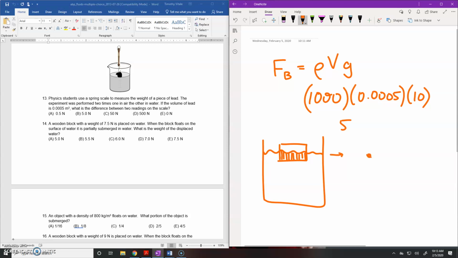The force diagram for this thing is going to be gravity pushing down and buoyancy pushing up. And the buoyancy is equal to the weight of the water displaced. Right? It says, what is the weight of the displaced water? So if this is 7.5, then this must be 7.5 because it's at rest. So that's your answer, 7.5, which is E.